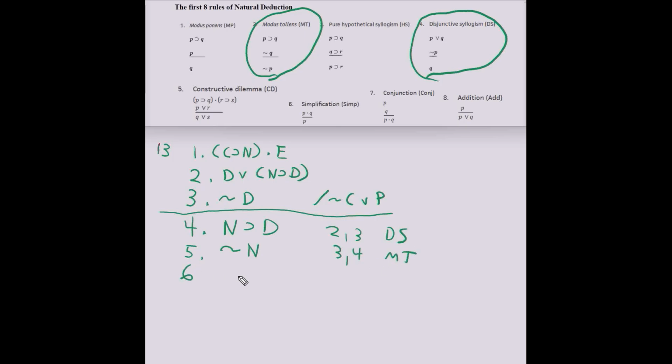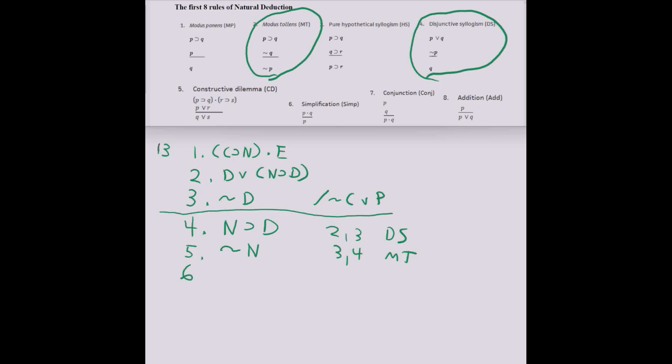Okay, let's go to line 6 now. What can I do with this not N, whether or not I have any obvious strategy? I can ask myself, well, just with the things I have here, what can I actually achieve?